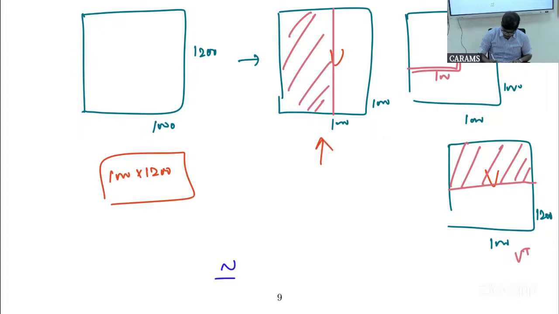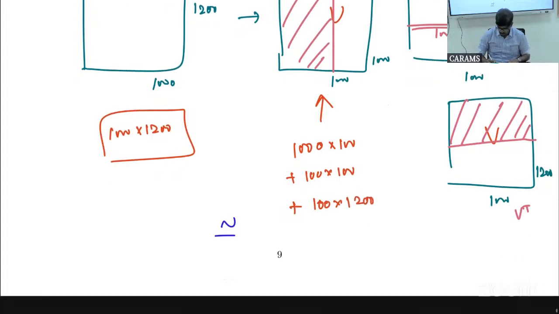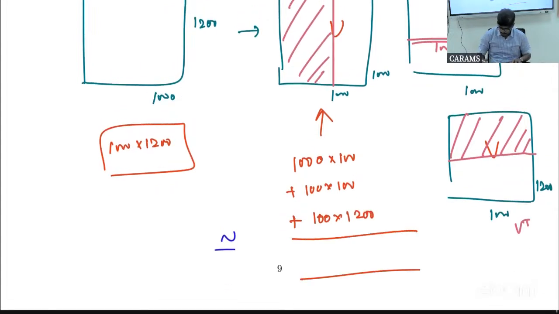So therefore, instead of having 1000 by 1200 entries, now I have 1000 by 100 plus 100 by 100 plus 100 by 1200. Can you tell me what these numbers are? What is this number and what is this number? It's a very simple calculation, I guess.